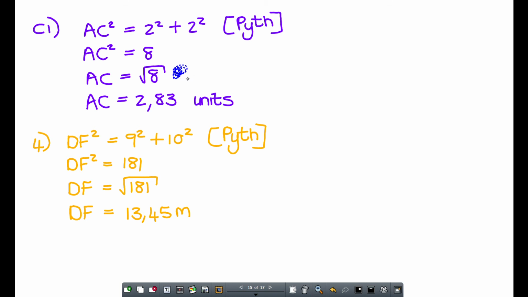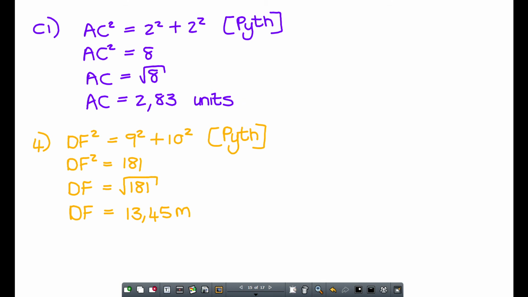So from here you had to press the button to get it in terms of decimals. And then to round it off to 2 decimals, I look at the third one. If the third decimal is 5 or higher, then you round the second decimal up. If the third decimal is between 0 and 4, then your number stays the same. Okay. Right.